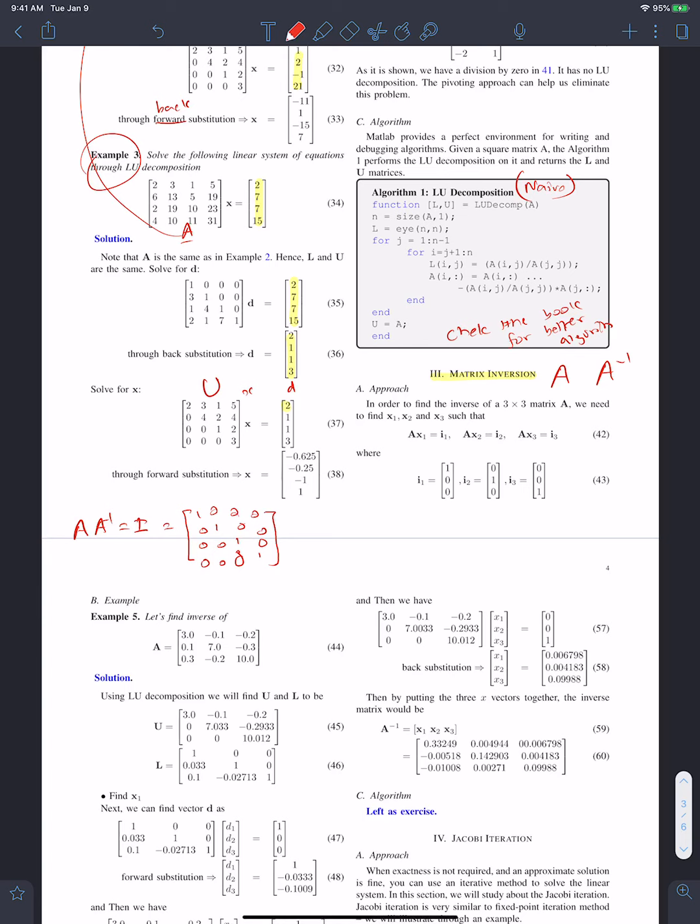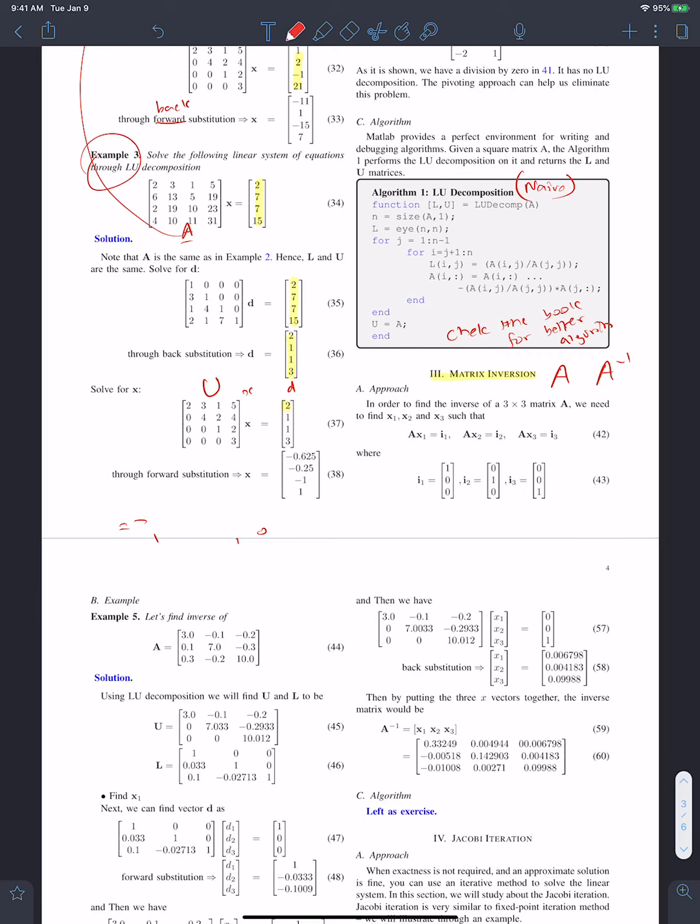Yeah. So that's a 4. That is an I4. So how to find a matrix inverse? We will solve for AX1. So the goal is to find A inverse.